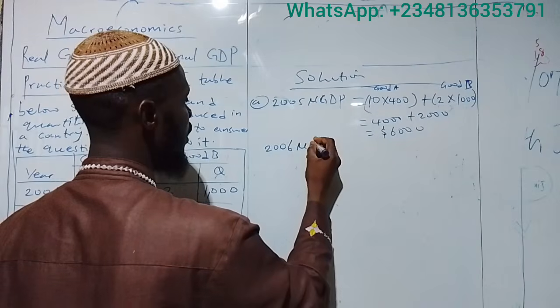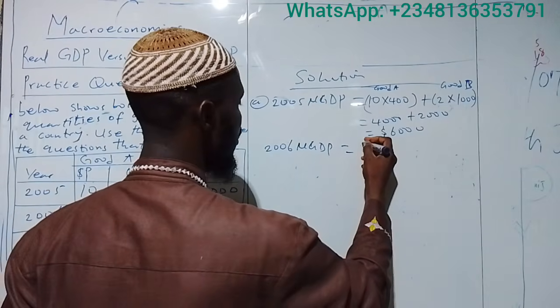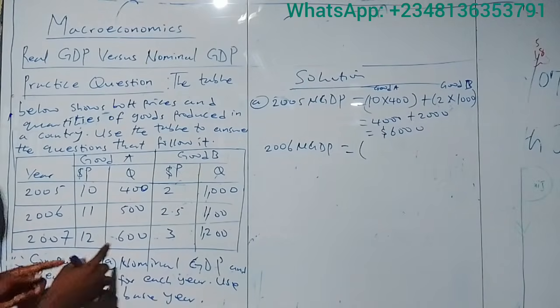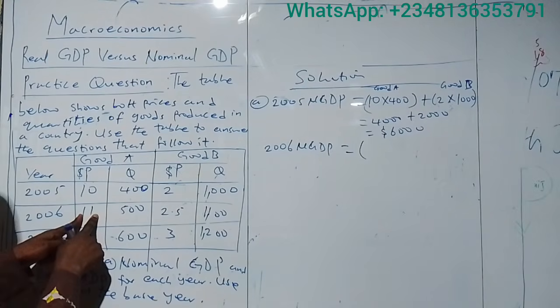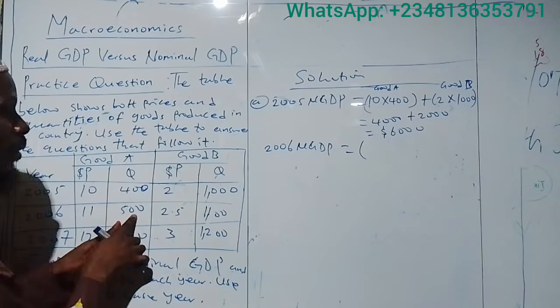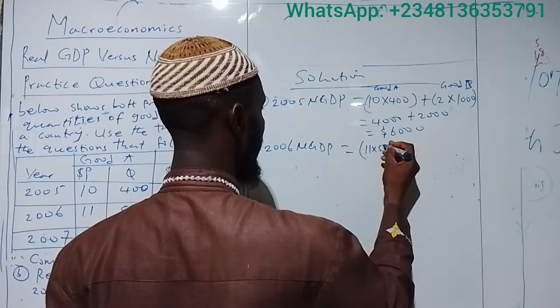What of 2006 nominal GDP? You do the same thing. Now, for 2006 nominal GDP, the price is the 2006 price, so it's only the price times the quantity in that year. So 11 multiplied by 500.